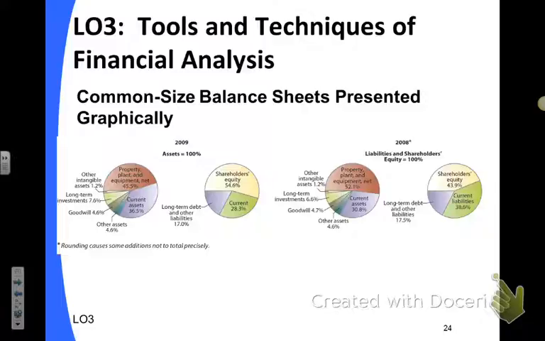In this semester, we're not only going to look at the income statement for that component percentage or common size analysis, but we're going to also look at it for the balance sheets and look at what percentage of our total assets are made up of current assets, or what percentage of our total assets are made up of accounts receivable or property, plant, and equipment, etc. What percentage of our total liabilities and stockholders' equity are made up of long-term debt or current debt, etc. And then we can compare those year to year.